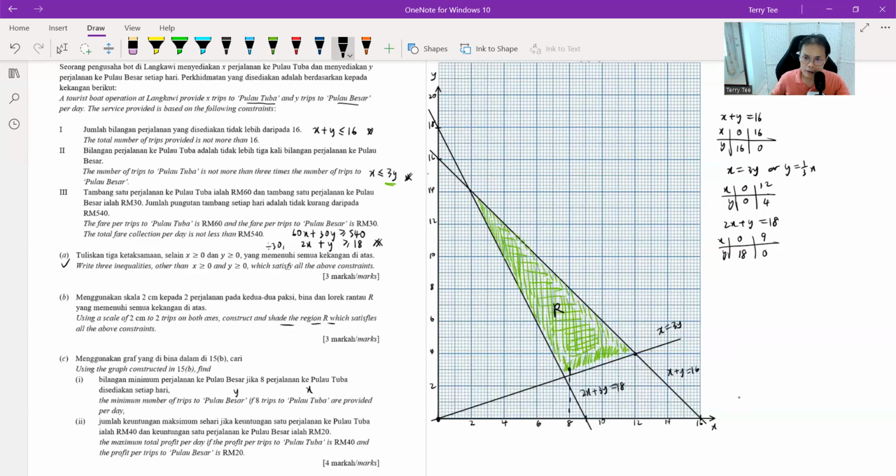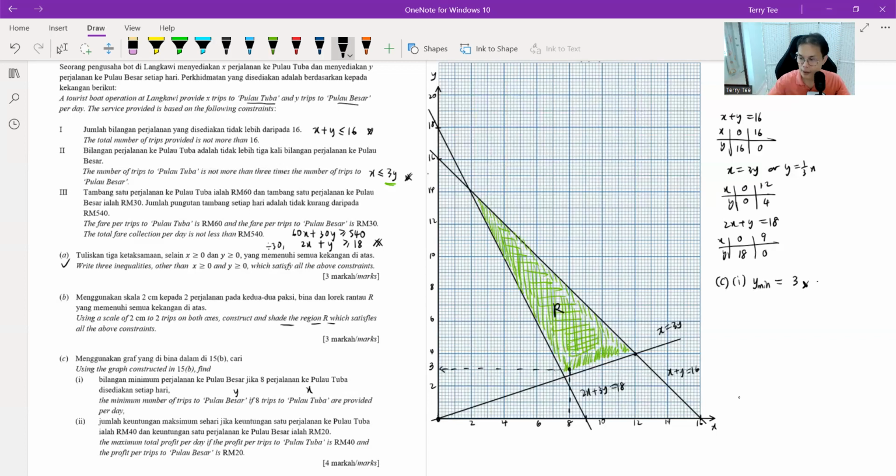You cannot have 2.5 trips. It's either 2, 3, 4, or 5. But the minimum in this case, you notice inside the region, it should be 3. You have 3 trips here. So from the graph, this is part C, Roman 1, minimum value of y, number of trips to Pulau Besar will be 3.